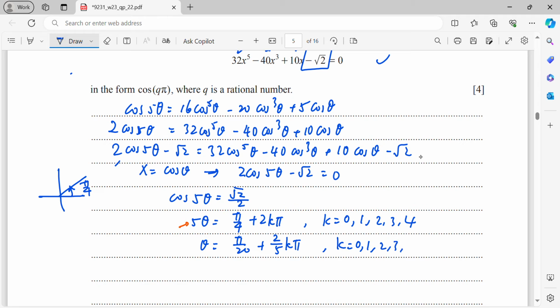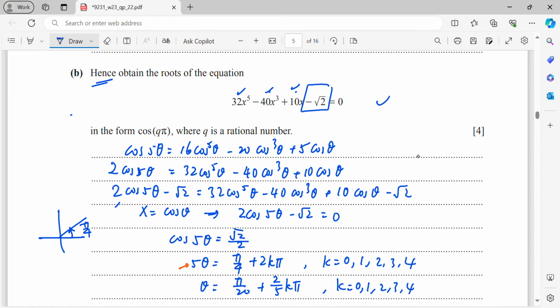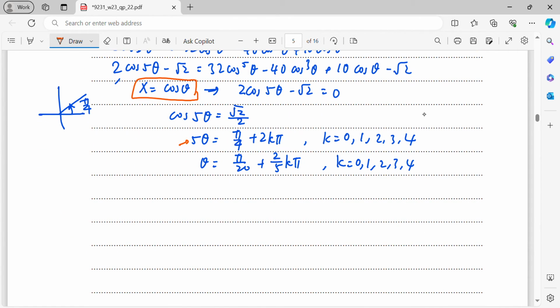And now I know that my equation in terms of x has roots x, and at the same time, my x is cos theta. So now I need to find my theta, then I can find my roots. And you need to get your x in the form of cos q pi, where q is a rational number. So now from here, I will calculate when k equals 0.